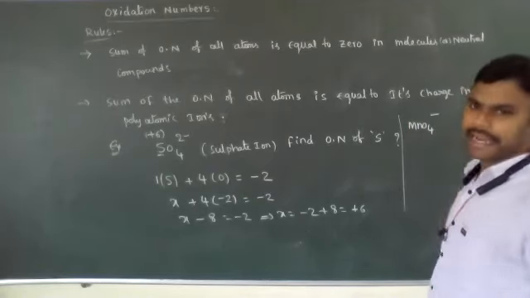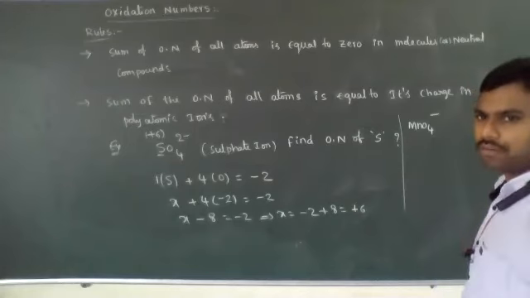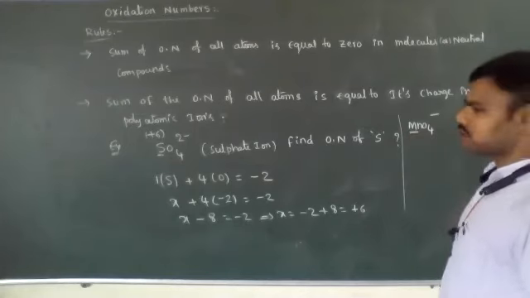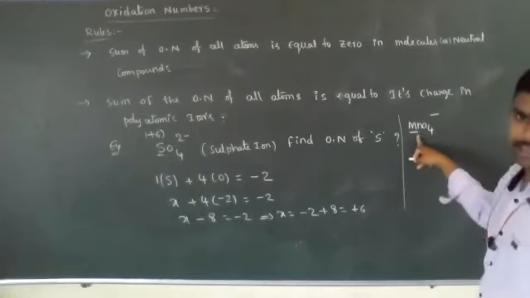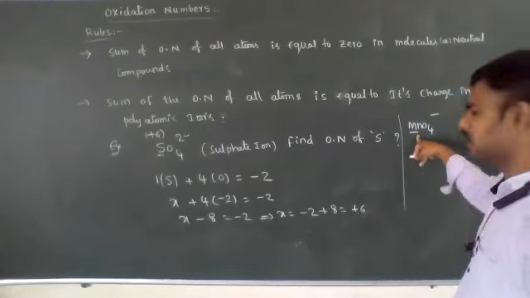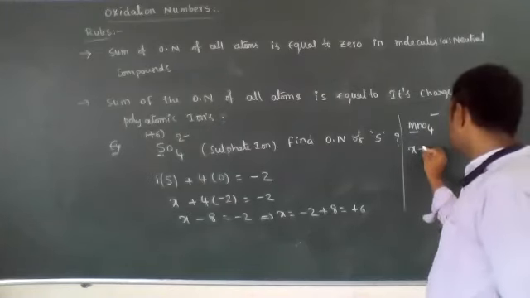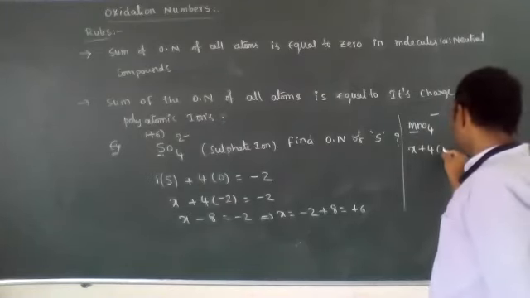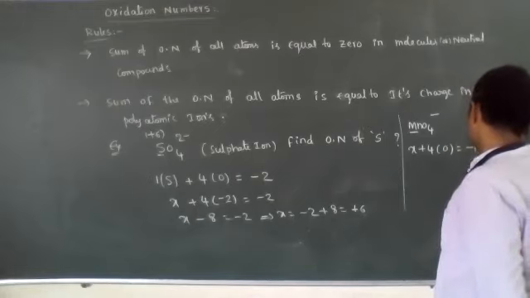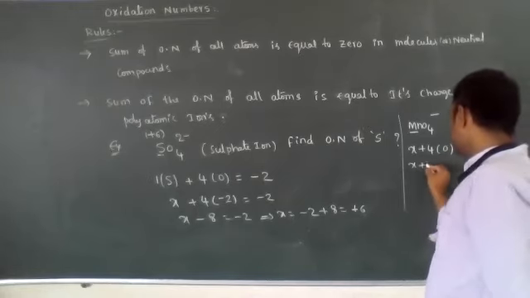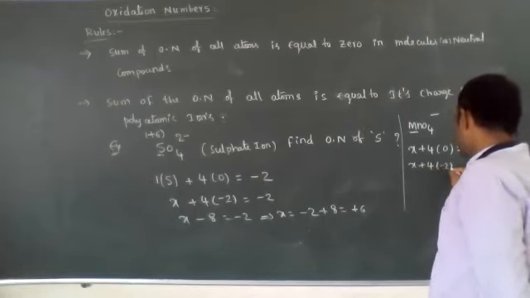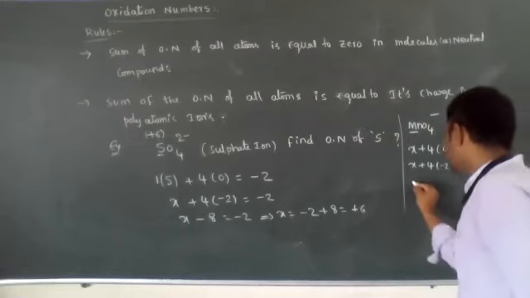Similarly, one more example. MnO4 minus, permanganate ion. Calculate the manganese oxidation number. Let it be X plus 4 into oxygen atoms is equal to minus 1. X plus 4 into minus 2 is equal to minus 1.